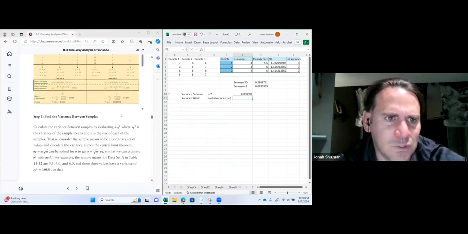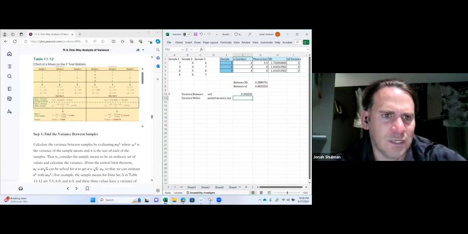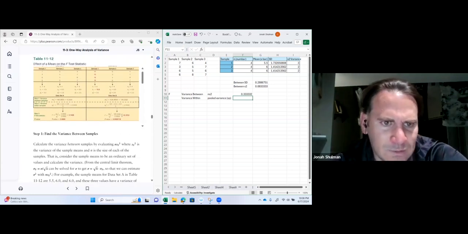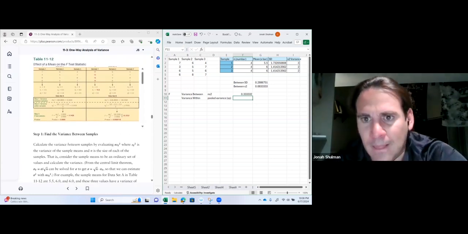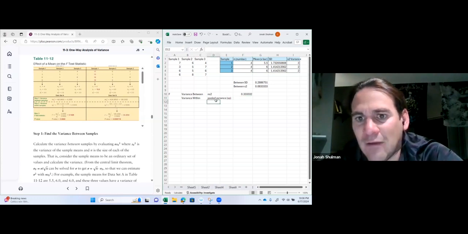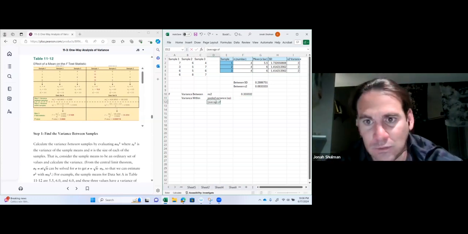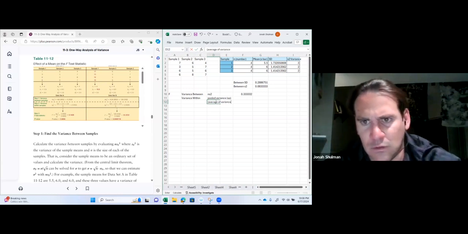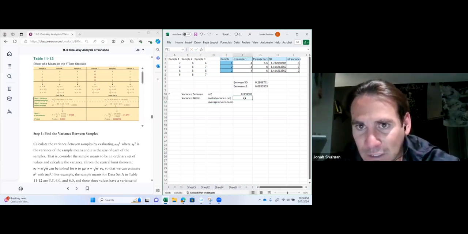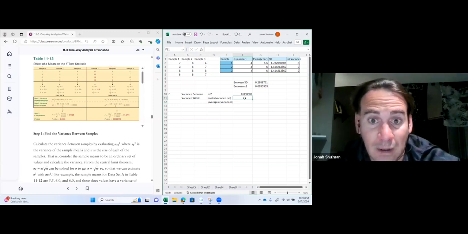The bottom is pretty easy. We just have to find the variance within the samples. It's called pooled variance. It's basically an average of the variances. That's how I always think of it. All we have to do is take the three variances and divide them by how many we have.